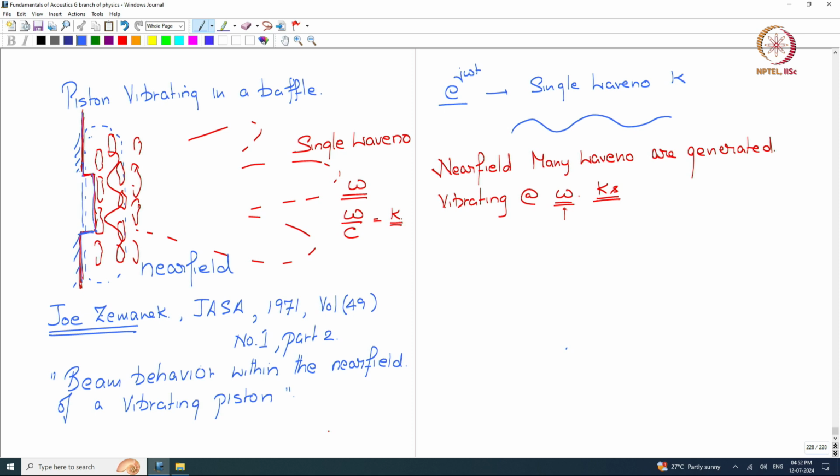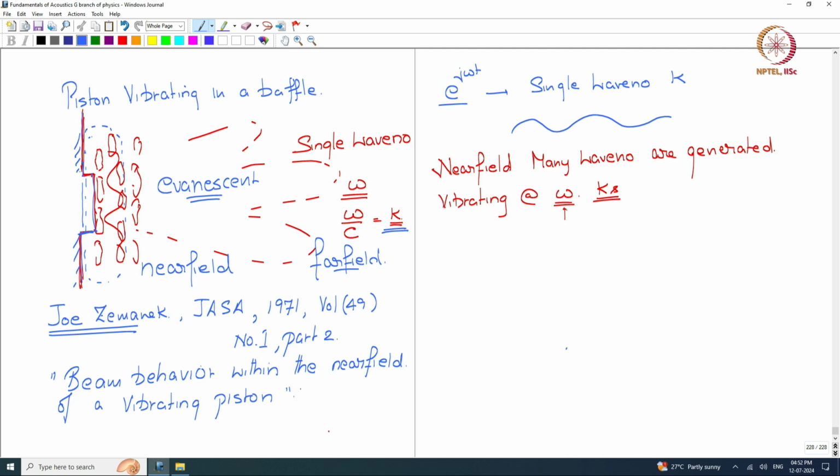So these wave numbers that are generated are evanescent. They will not be available in the far field. They decay away, and in the far field only this single k wave number will survive. So I just wanted to say that near fields of sources are very complicated.